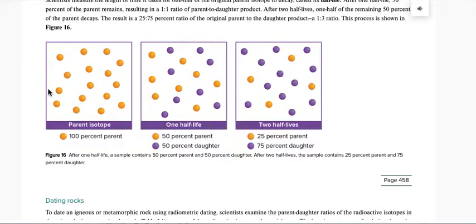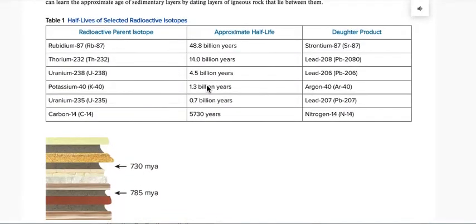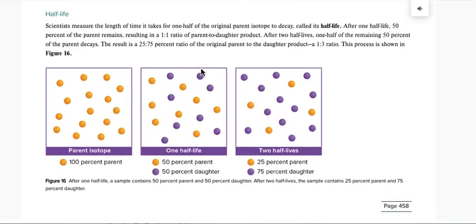So if the sample is full uranium, then we know we are at time zero, or the sample is fairly brand new. But if we had about half the amount of uranium compared to thorium, if it was about half and it had gone through one half-life, we would know that the sample was about 4.5 billion years old.